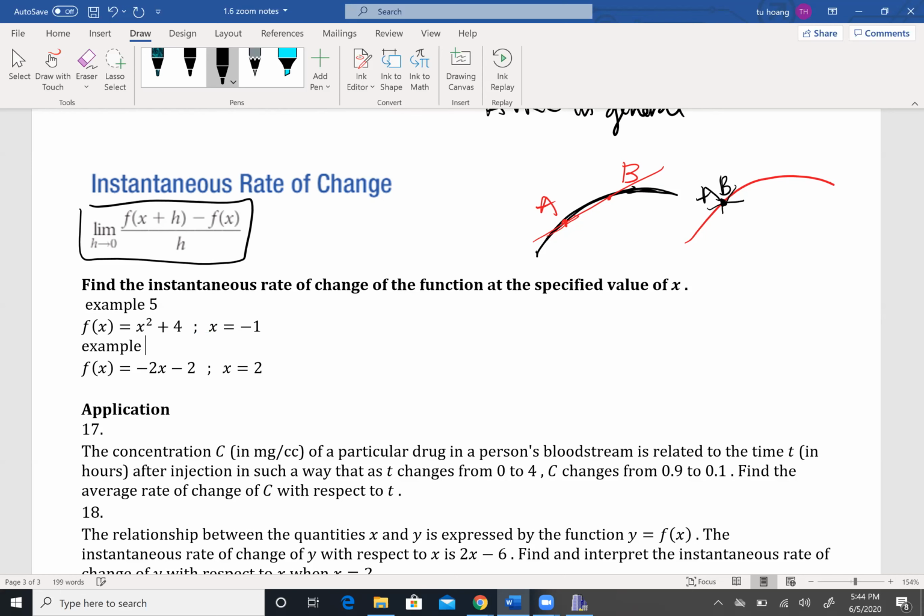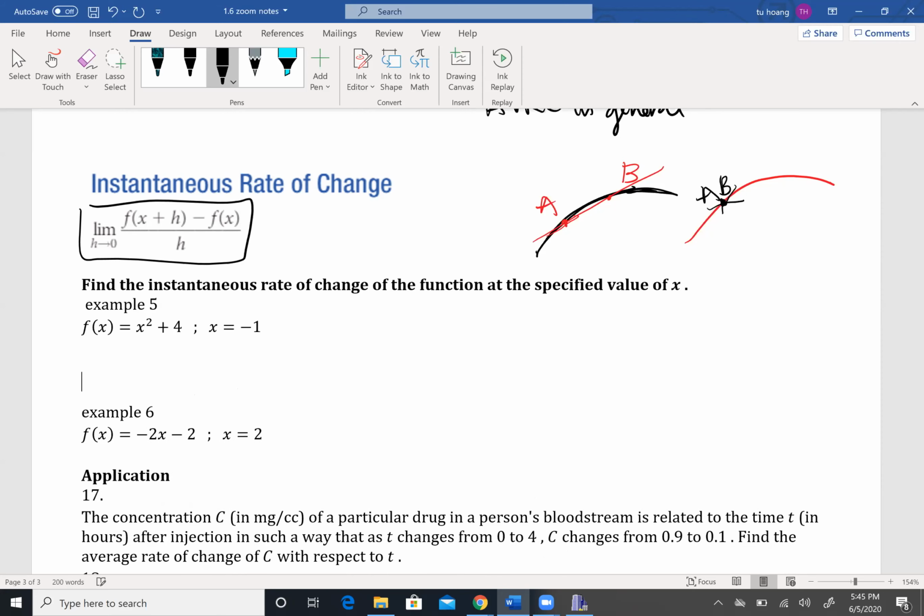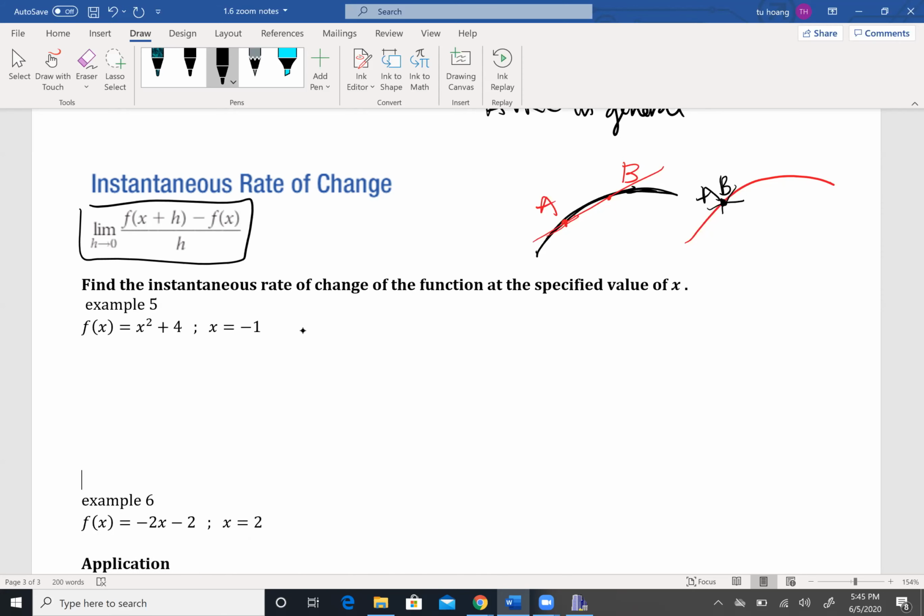Number 6, I mean. Okay, I want to find the instantaneous rate of change of the function at a specified value of x. So in this case, f(x) is equal to x squared plus 4, and x equals -1.